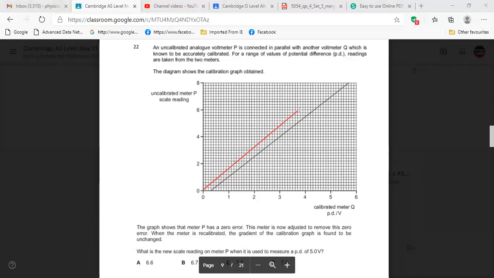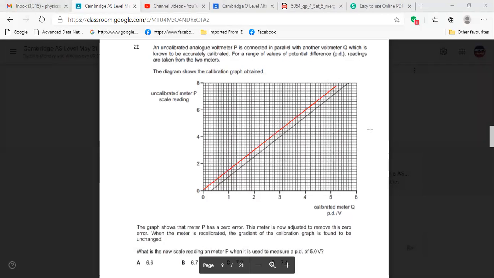Are you seeing the line? Yes, sir. You should draw one line after you get the printout. You should draw one line here with a ruler which is parallel to the previous line.